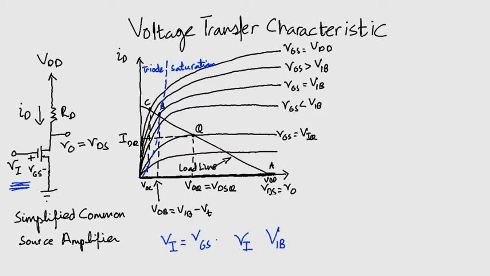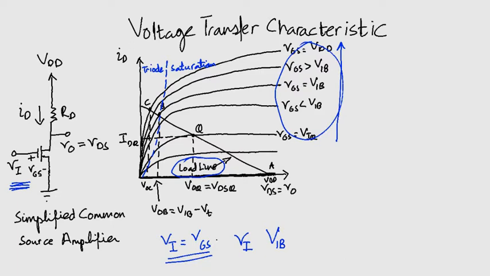For any given value of Vi or VGS, we locate the corresponding ID-VDS curve, that is any of these curves, and find V0 from the point of intersection of the particular curve with the load line. If you're still confused, I hope when we start deriving, your confusion will go away.